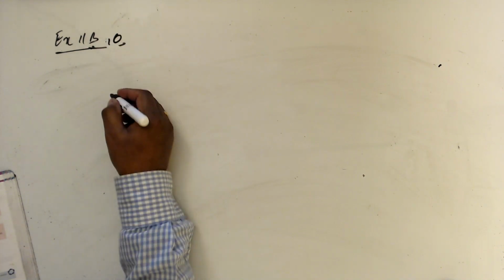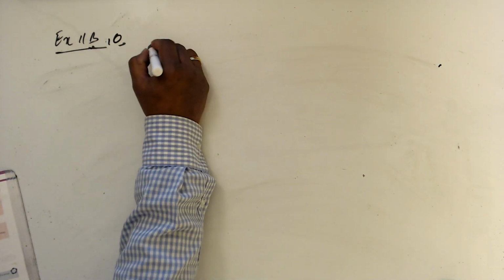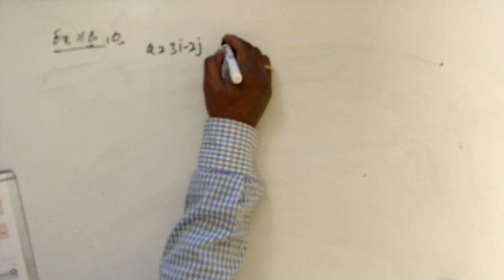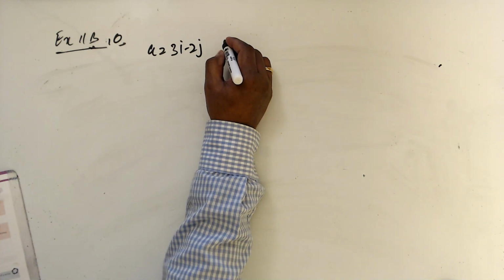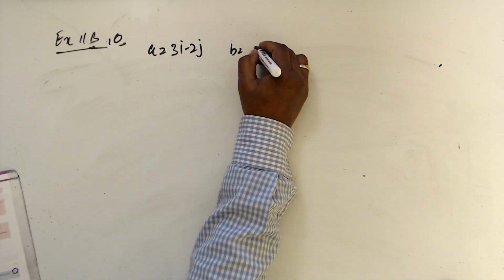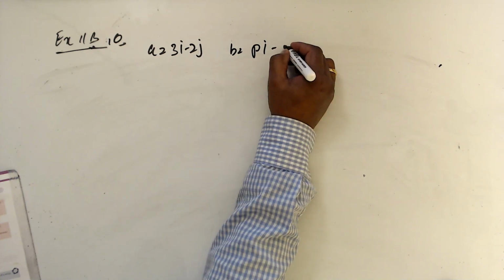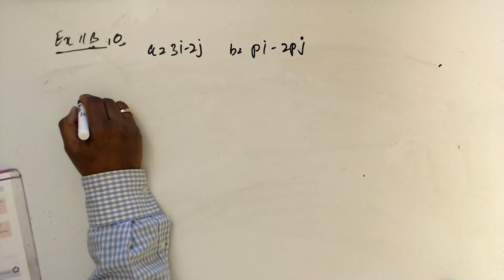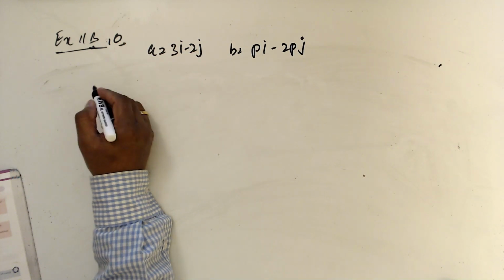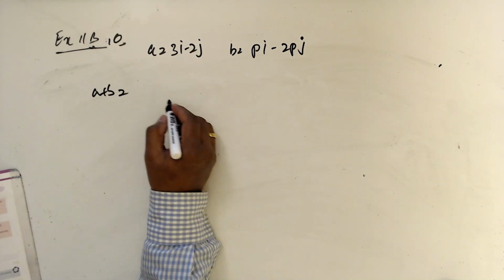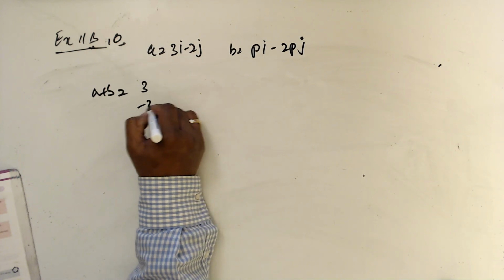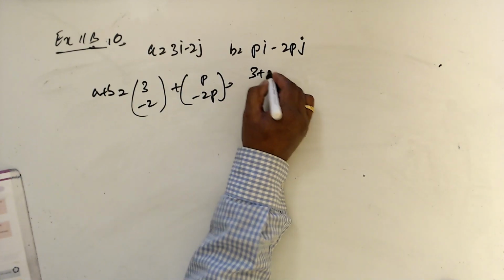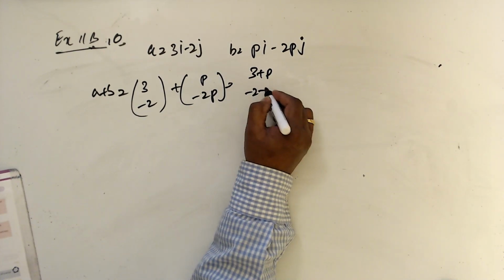Question number 10. A is 3i minus 2j and B is pi minus 2pj. And the resultant force vector is a plus b, that is 3 plus p and minus 2 minus 2p.